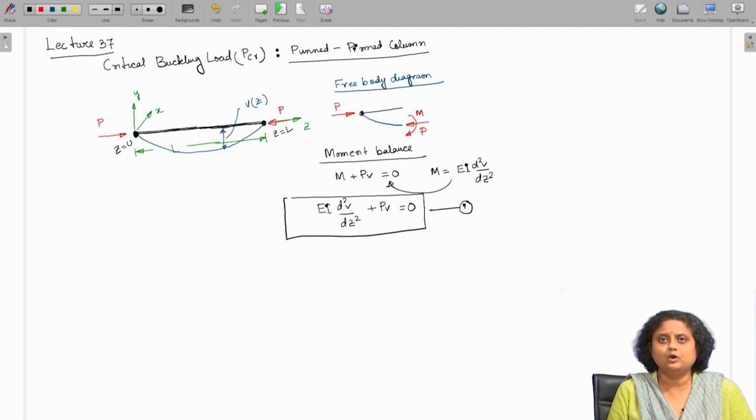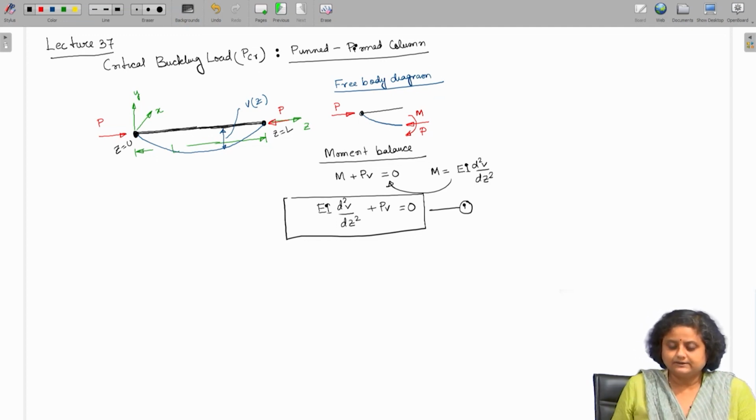Now, we take a small portion of the column and draw the free body diagram. From the free body diagram and the moment balance, we get this governing equation in terms of V, or the lateral deformation of the column. Now, let us try to solve this equation.